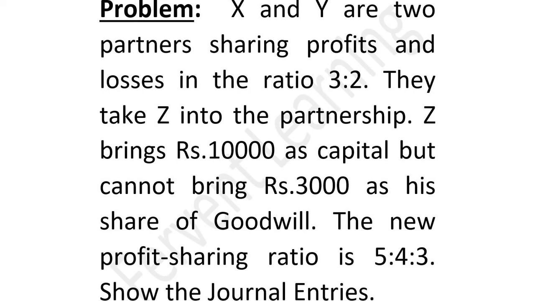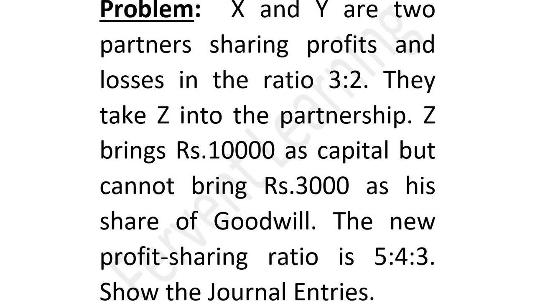So we treat it in a different way, which we will learn in example 2. Look at the example. X and Y are two partners sharing profit and losses in the ratio 3:2. They take Z into the partnership. Z brings rupees 10,000 as capital but cannot bring rupees 3,000 as his share of goodwill.